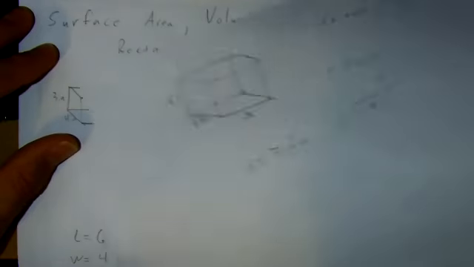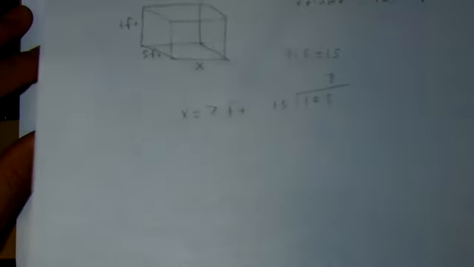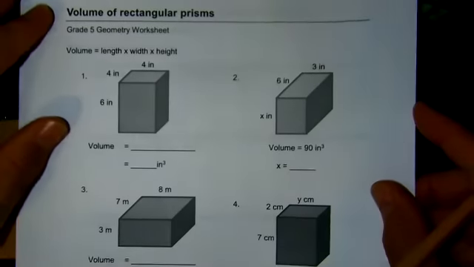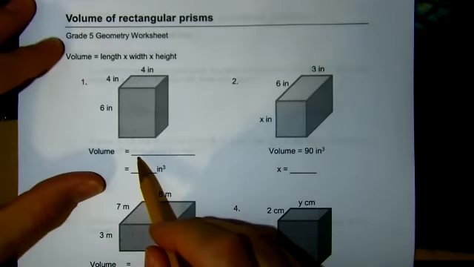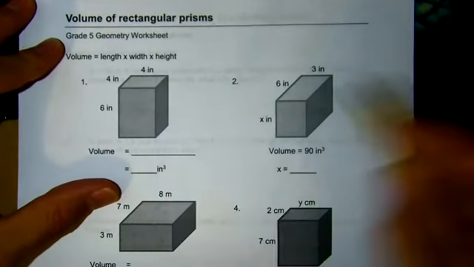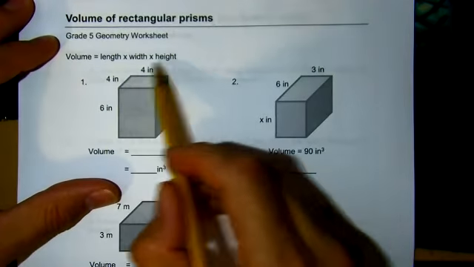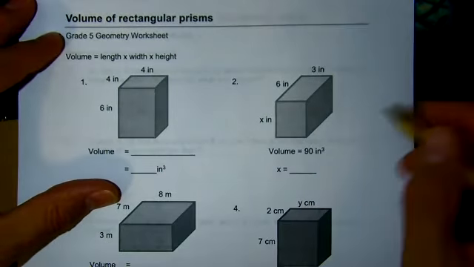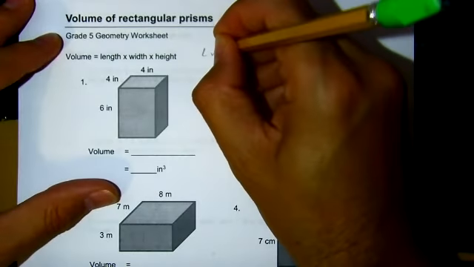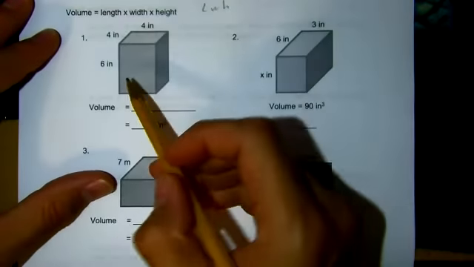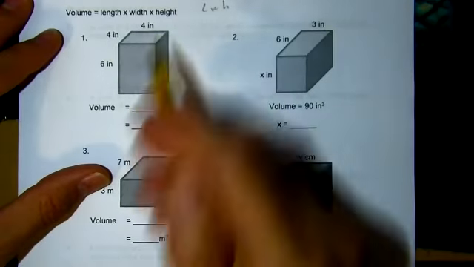So we're going to do a few of these for practice. First worksheet. On this first row, I think what they're wanting you to do is write out what you're doing to get these. Now they've got their formula written out, length times width times height, but on the GED it's just going to say LWH. So again, there's 3 numbers.